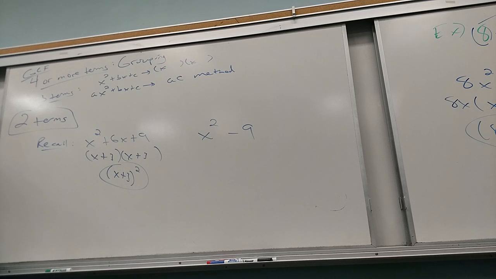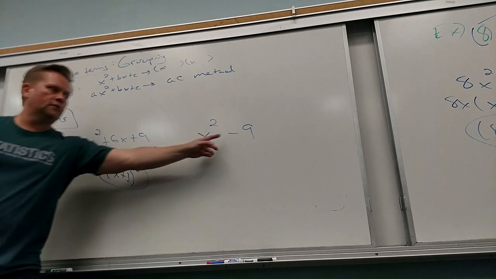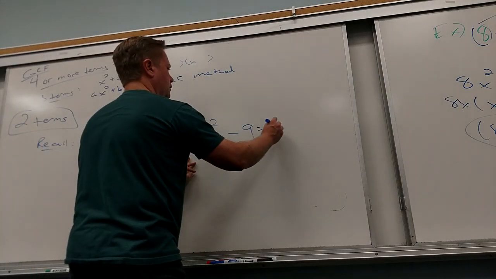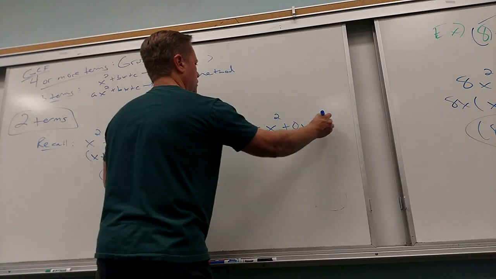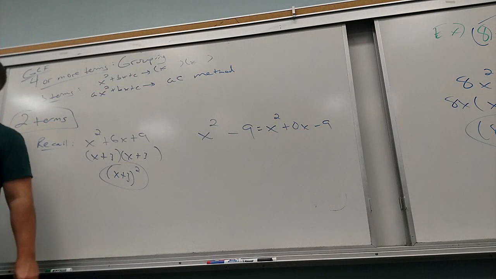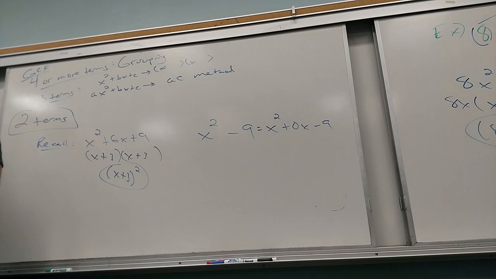So the middle terms have to be opposite signs, because if I have 2 opposite sign numbers, they multiply to be negative. So let me write this a different way. What 2 numbers multiply to be negative 9 and add to be 0? Negative 3 and 3, right?